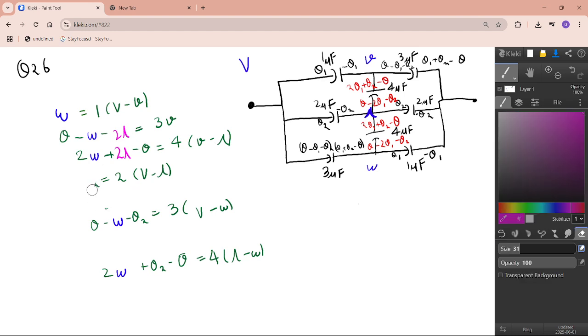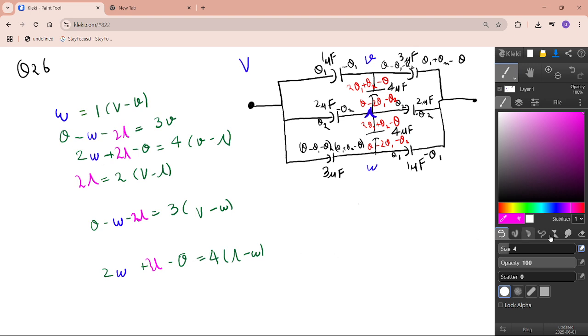Much better doing this. 2 omega plus 2 lambda minus Q.